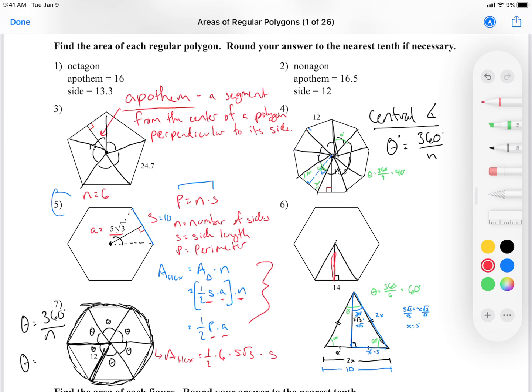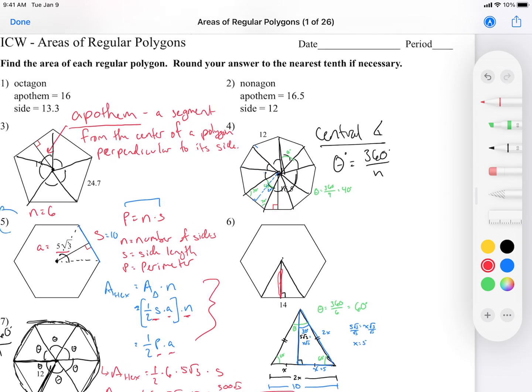I know it's equal to 1/2 times 6 times 5 rad 3, and now we know our side length is 10, so the area of the hex is equal to 1/2 times 6 times 5 rad 3 times 10, which is going to equal, if I multiply all that together, 6 times 5 is 30, times 10 is 300 rad 3 over 2, or 150 rad 3. Okay. Does that make sense? Okay.